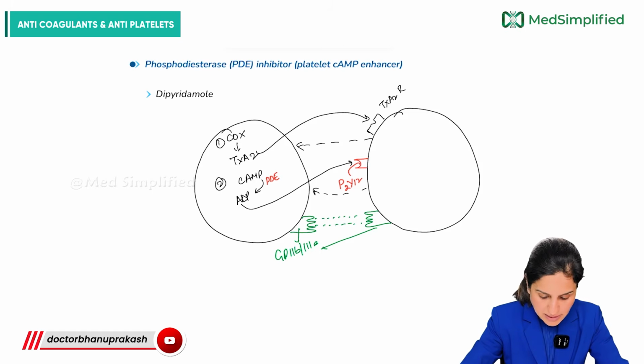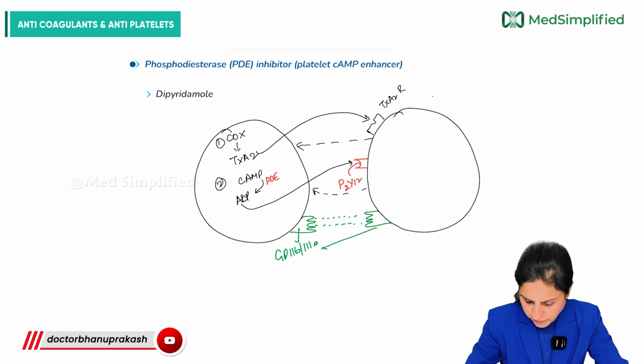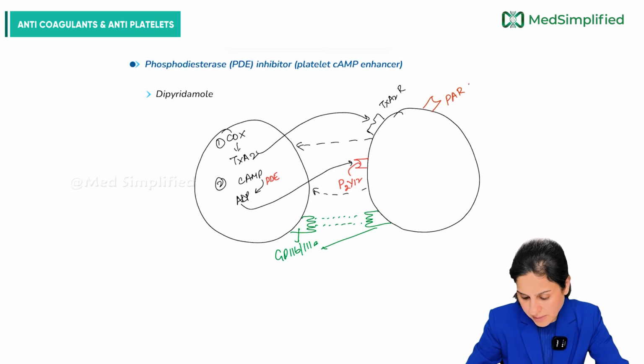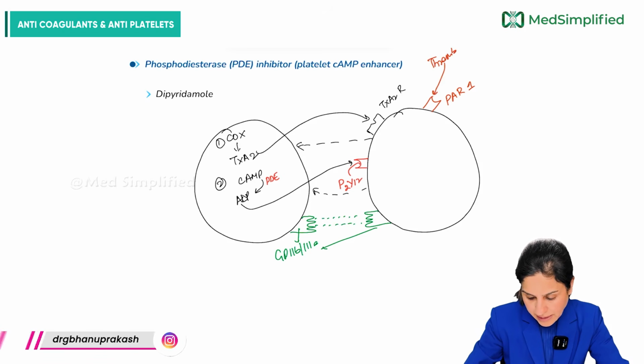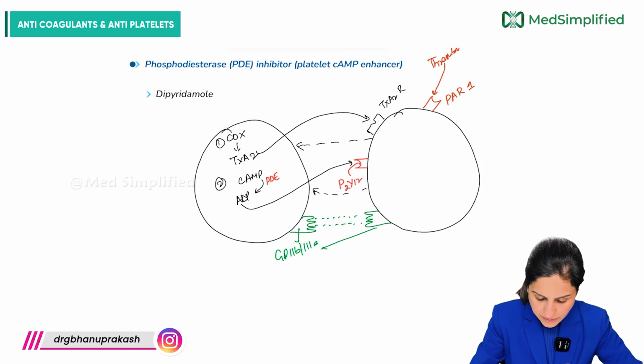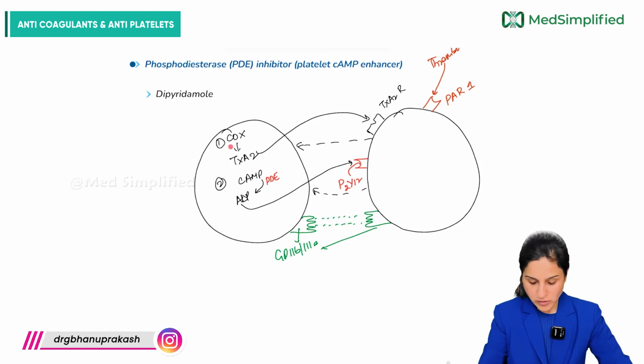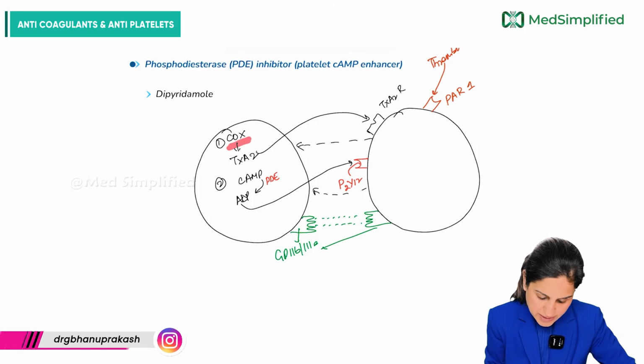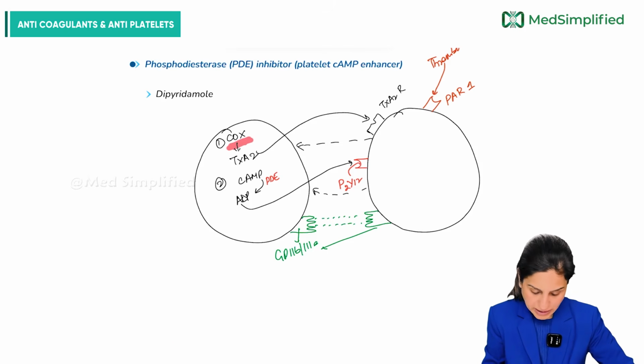Then there is another receptor also present here. This is a receptor which is called the PAR1 receptor. This is the receptor where thrombin binds on the platelets. Again, it is going to cause aggregation here. So whatever drugs we are giving, they are going to block this. Aspirin is going to inhibit this step, it doesn't allow the formation of thromboxane A2.